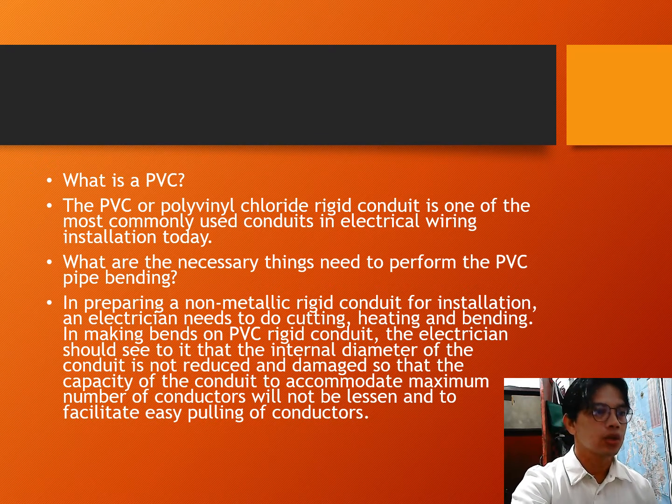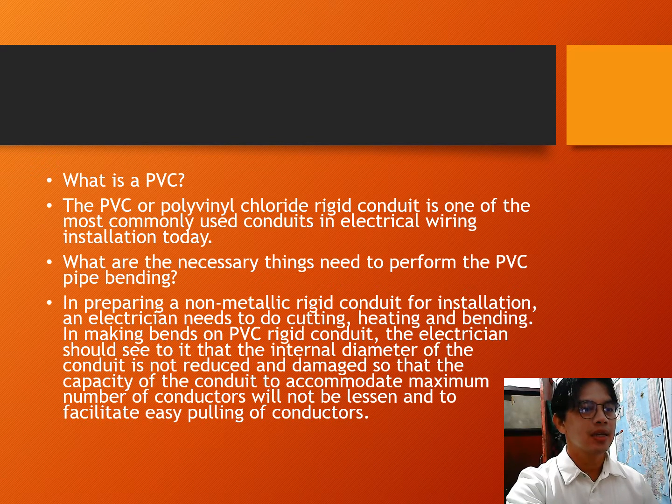In the installation there should be bending and offsetting to connect the utility junction box or the panel board. It depends upon the sizes. In preparing the non-metallic rigid conduit for installation, an electrician needs cutting, heating or bending, making bends of PVC rigid conduit.